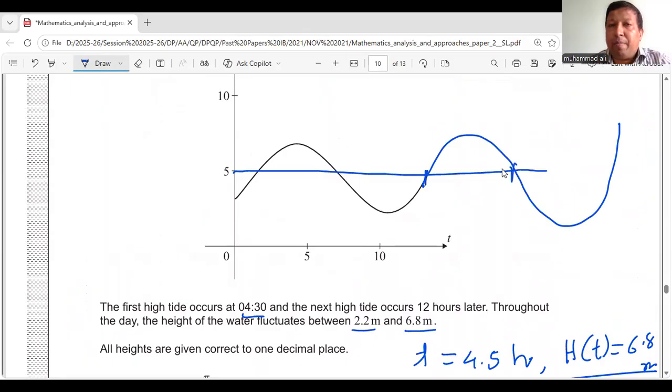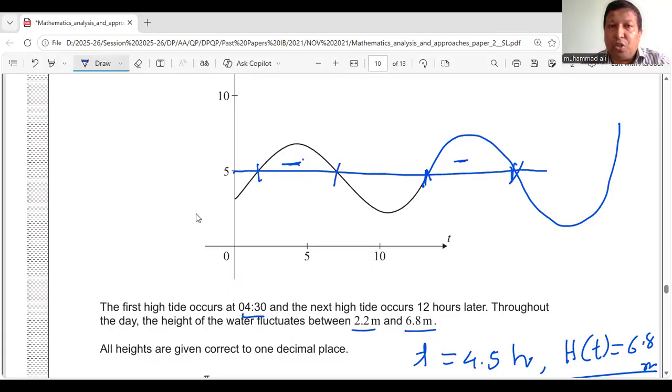So above the 5 meters, how many hours is the tide above 5 meters? We want to find out these things. So if you sketch this, you see that four times the height is 5 meters.